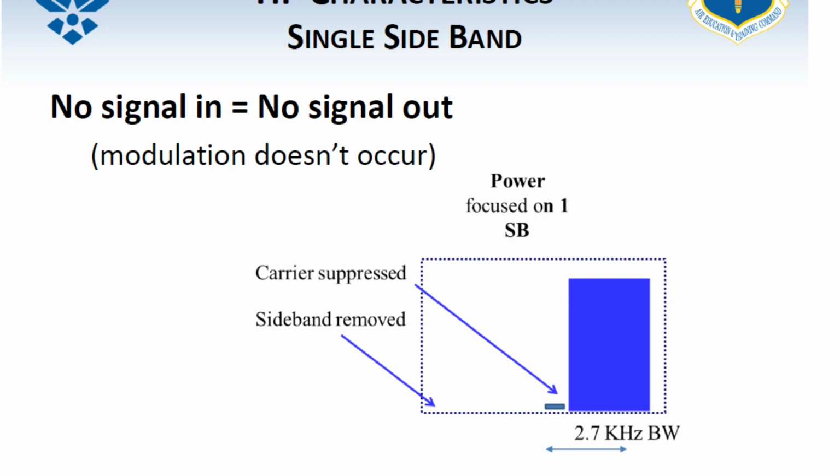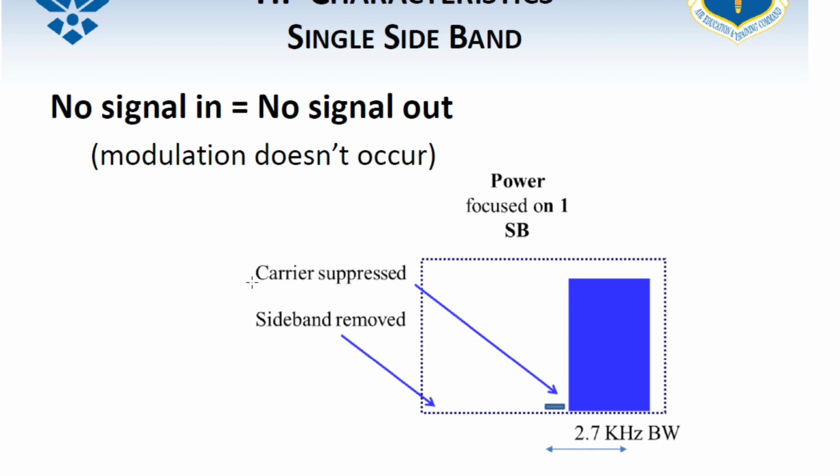So if I don't say anything, nothing happens? Are you pushing the push to talk button in this scenario? I forgot. Okay. If you're not putting intelligence in, then modulation doesn't occur and you're not going to be transmitting.